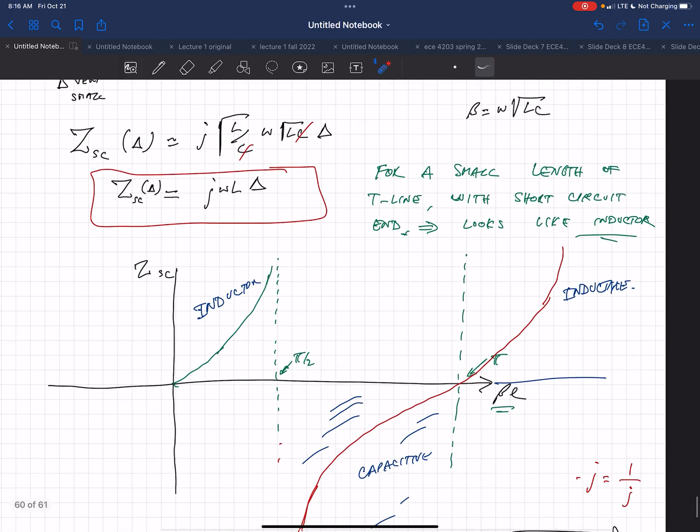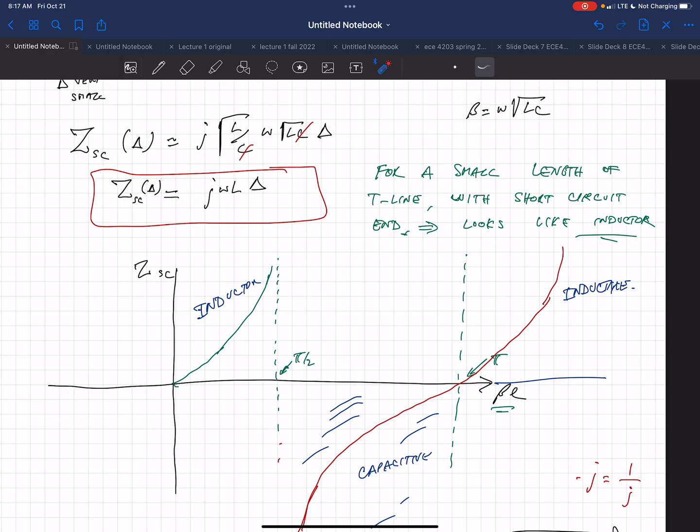Okay, so if I draw that on a line, let's say I'm changing beta L, which is that length times beta, I can basically tune the inductance. The reason this is purely inductive is that it's positive when I'm drawing j Z0 tangent. It's positive, and then I can change the value. The value is basically the inductance of this thing.